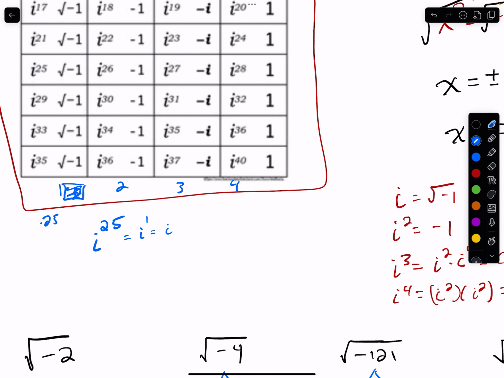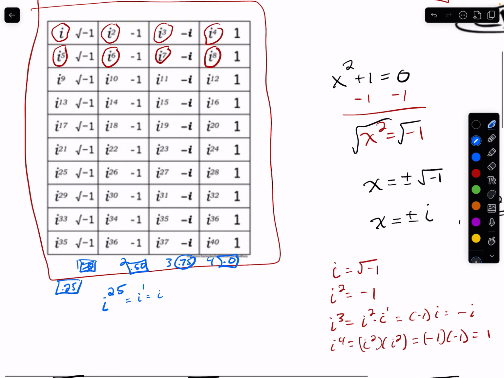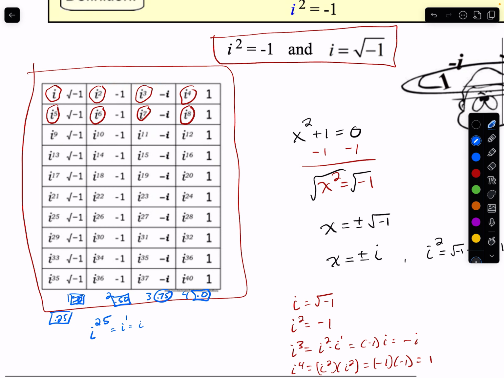So 0.25 is 1/4. The second column here is 0.50, which is 2/4. The third column here is 0.75, which you can think about as 3/4, or i to the third power. And then the fourth is if you have a remainder of 0. This could get a little bit confusing, so it's best to just practice or use your table to help you memorize. But really, it just works in cycles of 4.